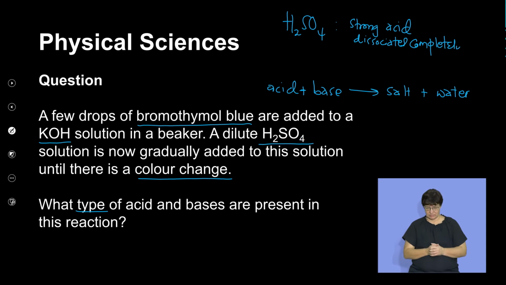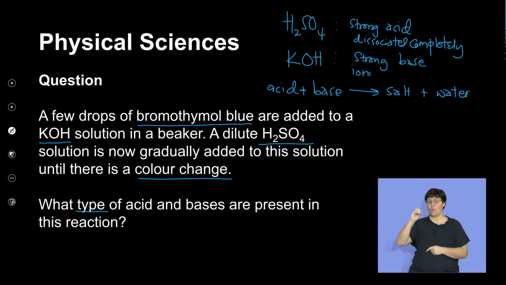And then we also have potassium hydroxide, which is a strong base. Now, why is it a strong base? We know that all strong bases ionize completely in solution. So complete ionization and complete dissociation are the characteristics that we use to identify the acid and base in this particular reaction.